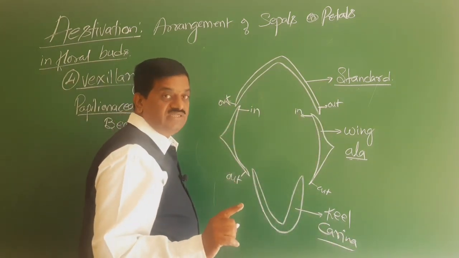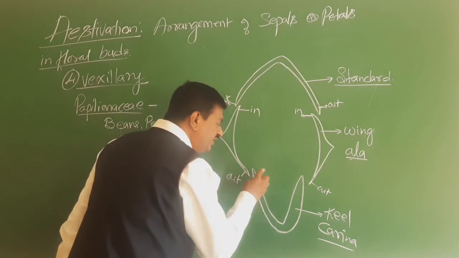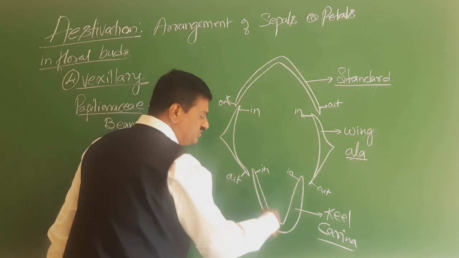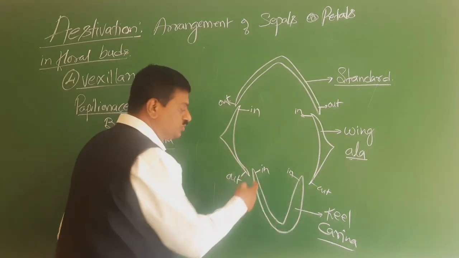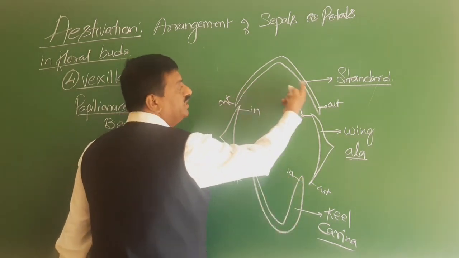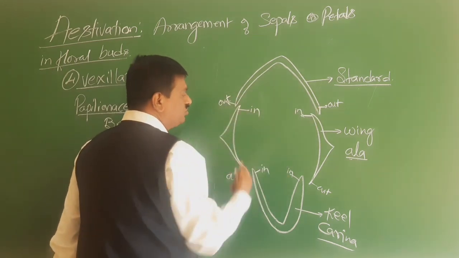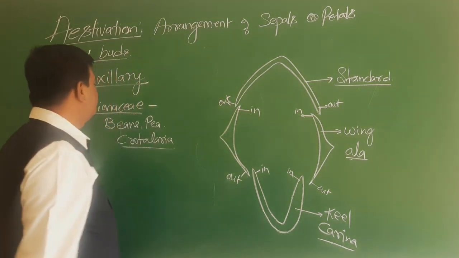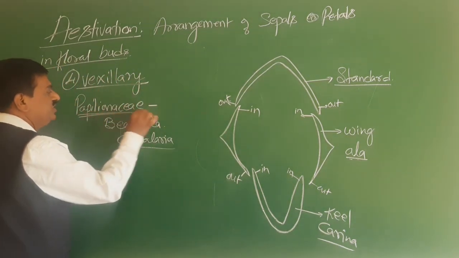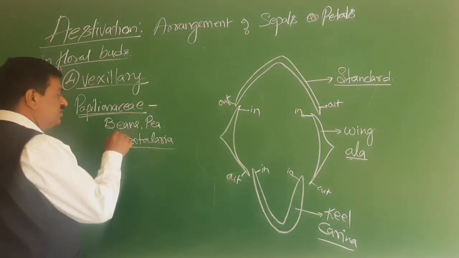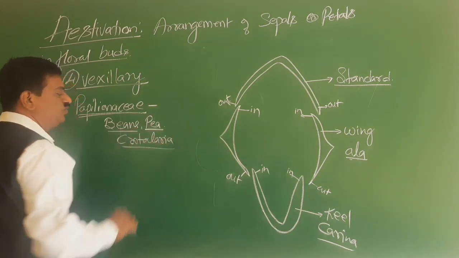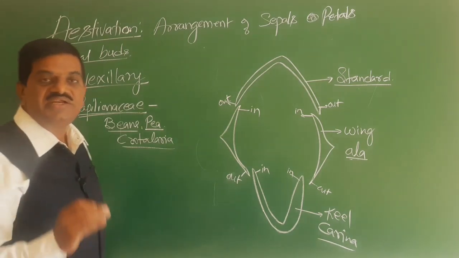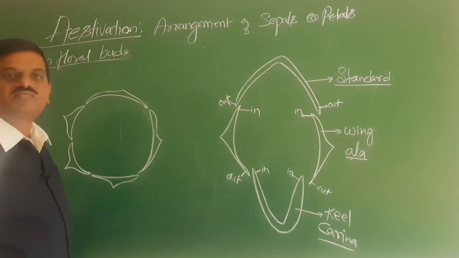In these keel petals, the 2 fused petals are totally in, both the edges are in. In a standard petal, both the edges are out. In wing petals, in and out arrangement. This type of arrangement can be noticed in Papilionaceae, for example beans as well as pea. Even in Crotalaria we can see vexillary type of aestivation.